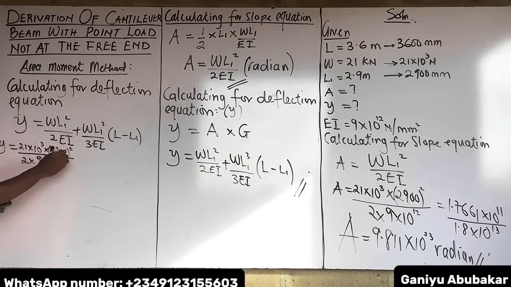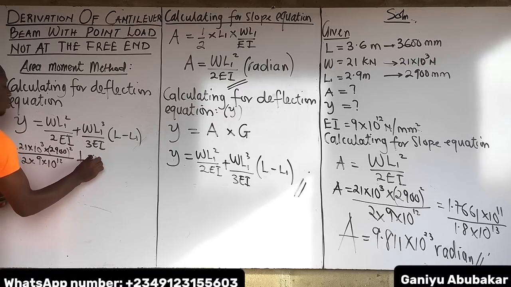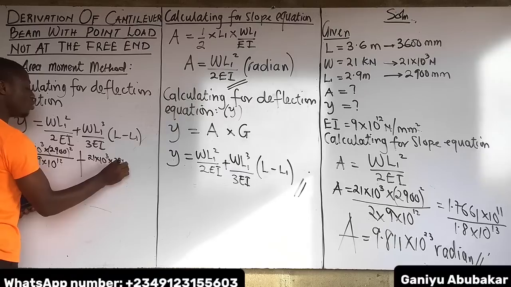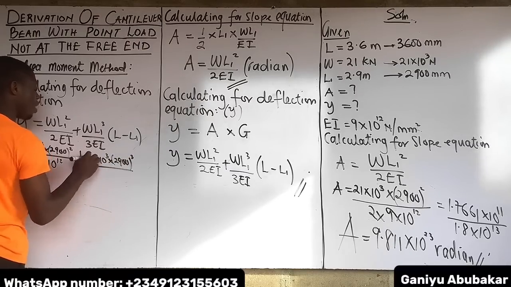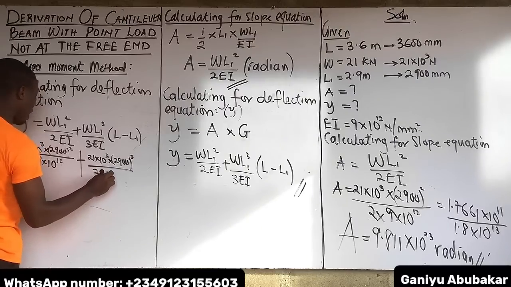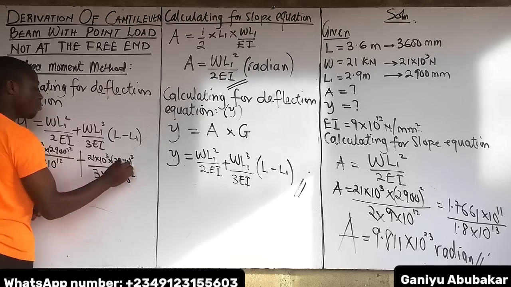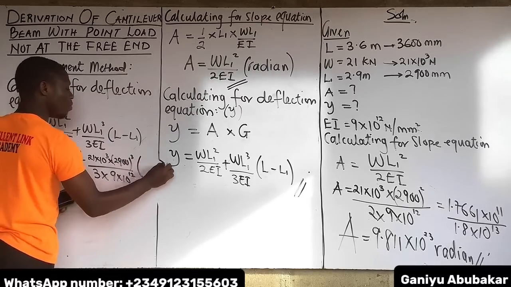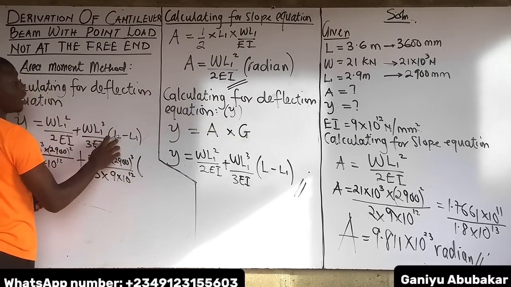I'm done with this first one here. Plus what's W? That's 21 times 10 to the power 3 times L1. L1 is 2900 all to the power 3 all over 3 times EI, 9 times 10 to the power 12, into, from here, what's L?